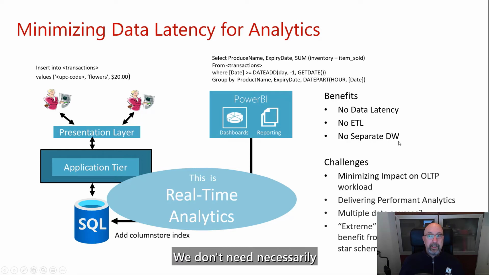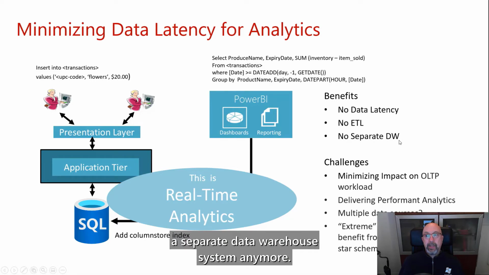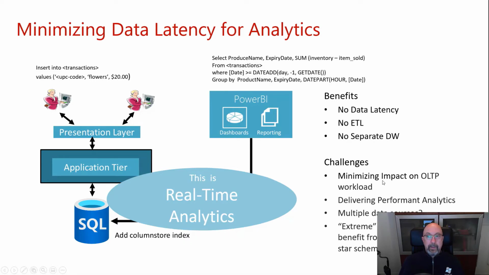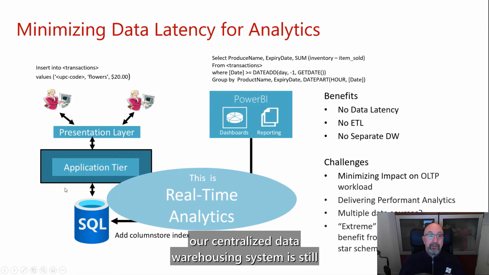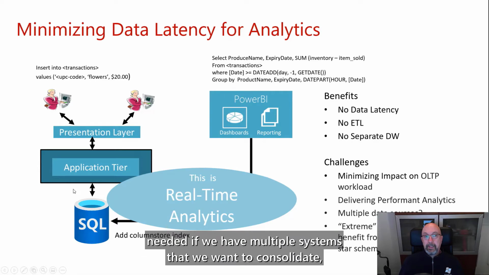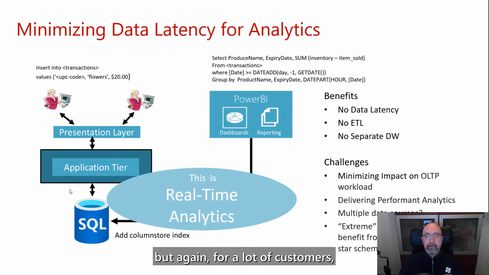We don't necessarily need a separate data warehouse system anymore. Yes, maybe, again, our centralized data warehousing system is still needed if we have multiple systems that we want to consolidate. But again, for a lot of customers, this is not necessarily needed, right?